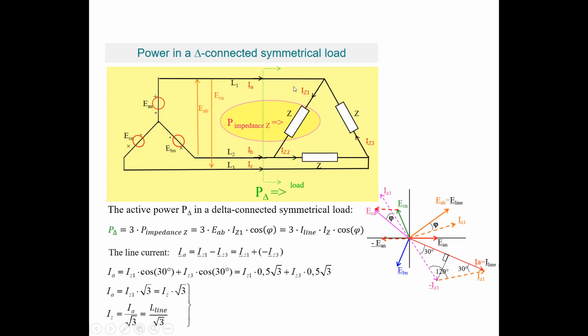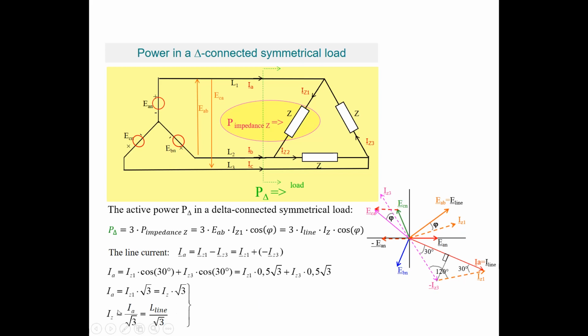So IA is equal to the current through one of the impedances, because it's a symmetrical load, times the square root of 3. So in that case, we can define that IZ, the current through one of these impedances, is equal to IA over the square root of 3, or in other words, is equal to one of the line currents, I line, divided by the square root of 3.